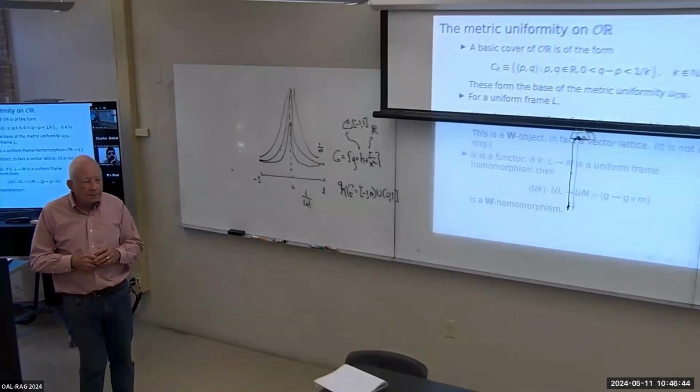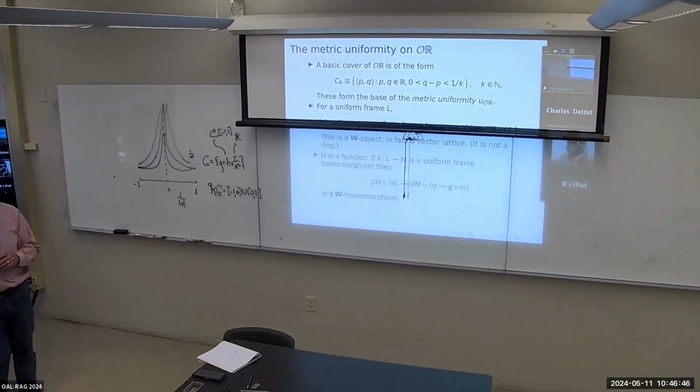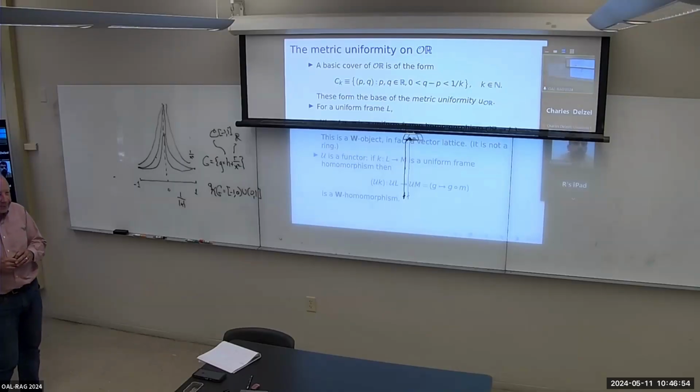So the question is kind of general, but what would happen if you change the unit? You've got a W object with a selected unit, and as you were thinking about in your talk, does the choice of unit alter the uniformities?